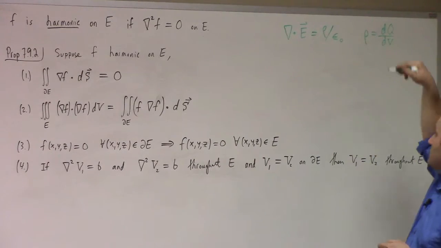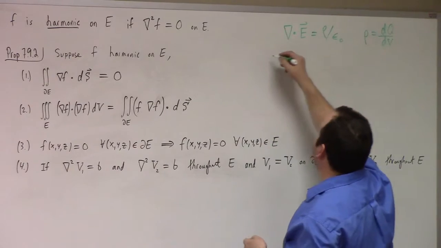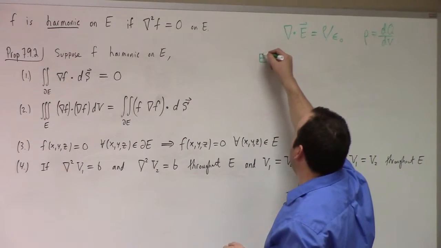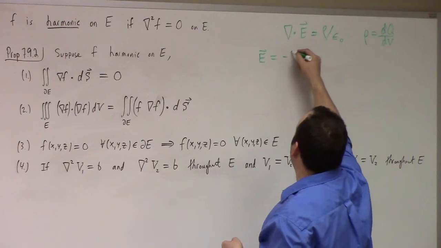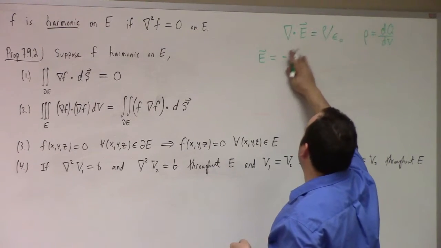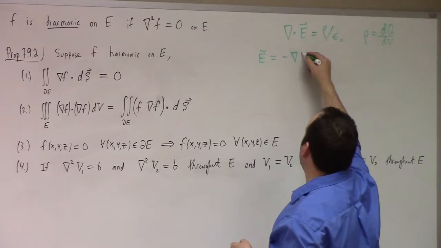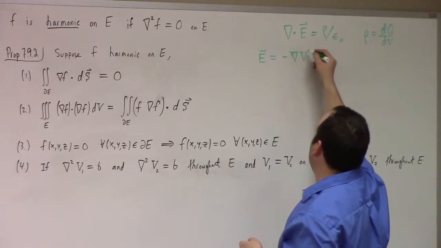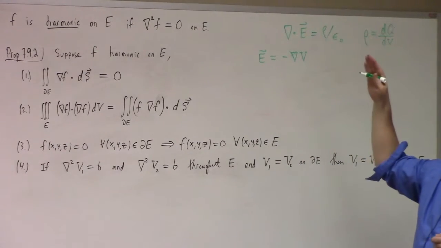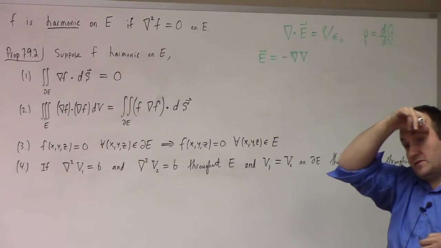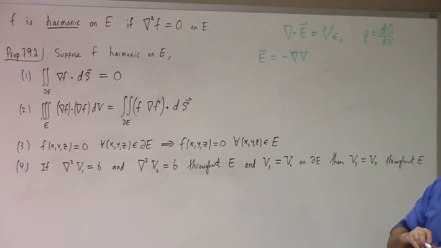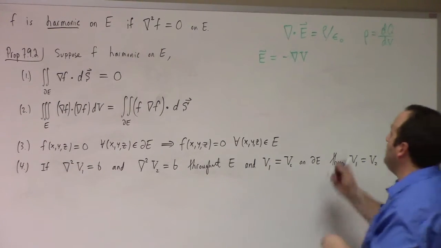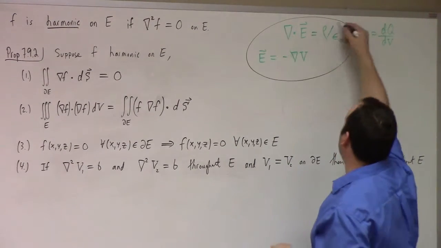Now, the electric field, on the other hand, can be derived from a potential. The electric field, at least in the electrostatic case, is simply minus the gradient of some potential function, let's say V. That's the voltage function, the potential energy per unit charge, just as the electric field is the force per unit charge. And so, when you combine these two things, what do you get?